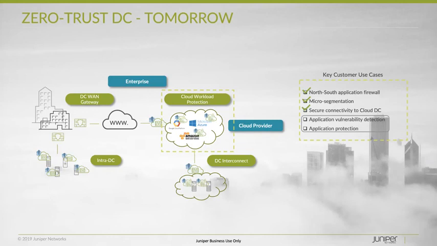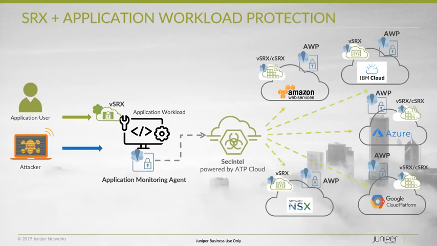In a nutshell, what happens with the workload is, if you have this integrated with your application, the application together with the workload protection will understand if there's some strange behavior going on, someone trying to attack or doing some strange anomalies with your application.